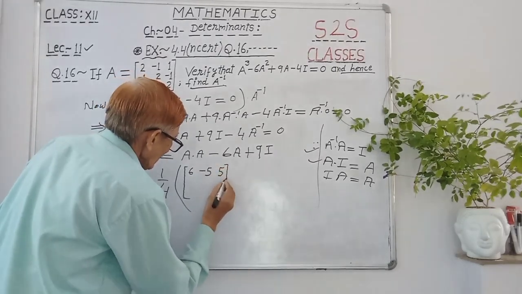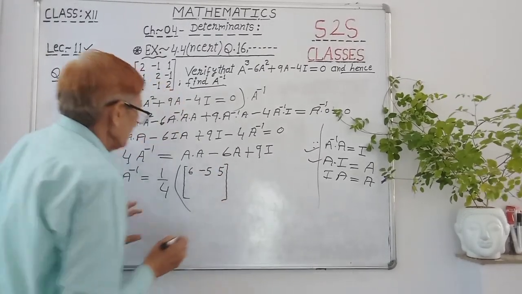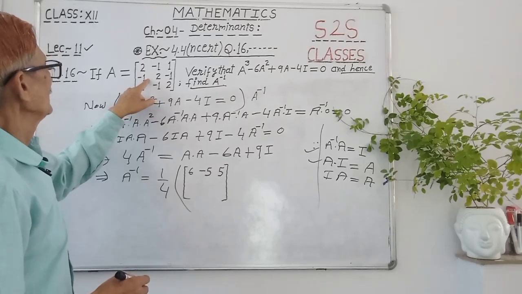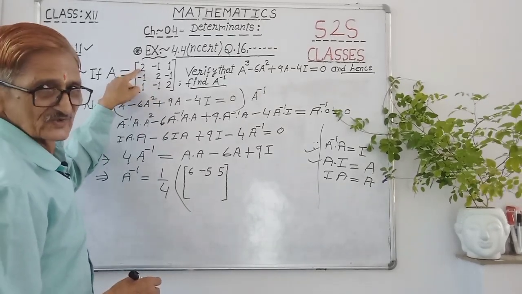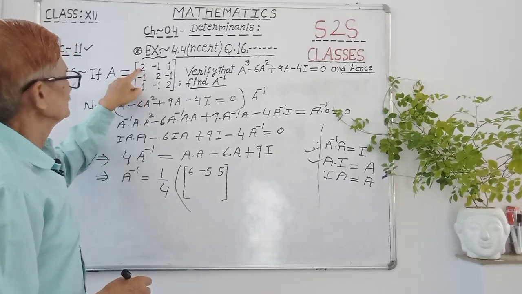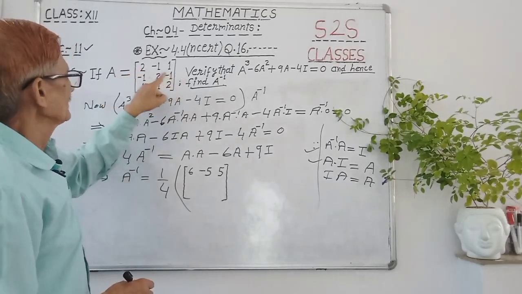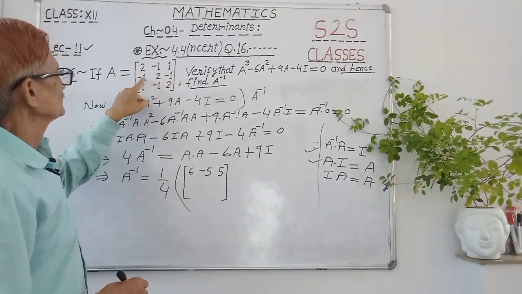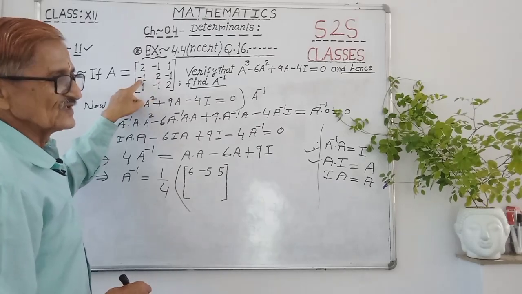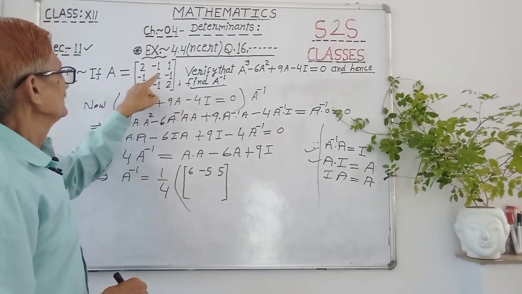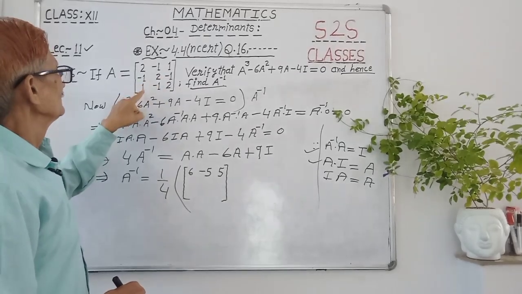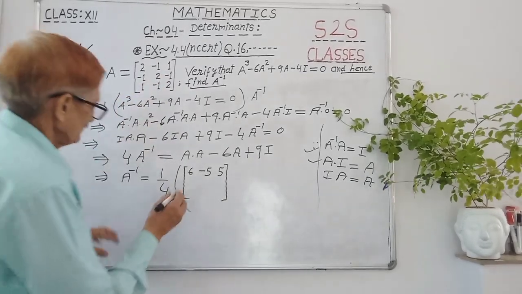Now second row with first column: minus 1 with 2, minus 2, minus 2 minus 2 minus 4, and minus 1 with 1, minus 5.